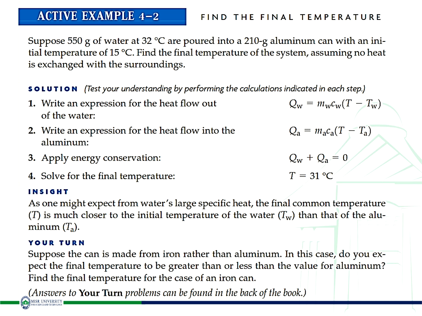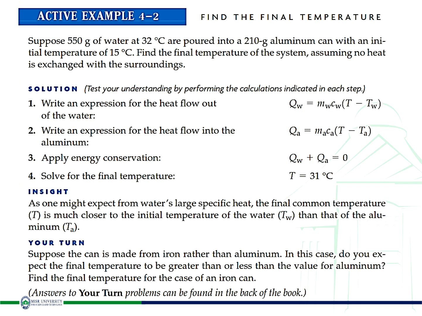Let's think about this logically before doing any calculations. Iron's specific heat, C iron, is 448 J/kg·K, according to table 4.2. That's even less than aluminum's, 900 J/kg·K. If the can has an even smaller specific heat, it takes even less energy to change its temperature.